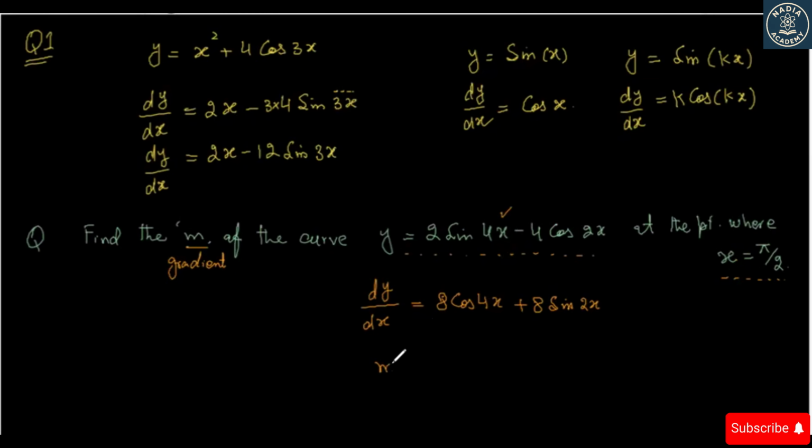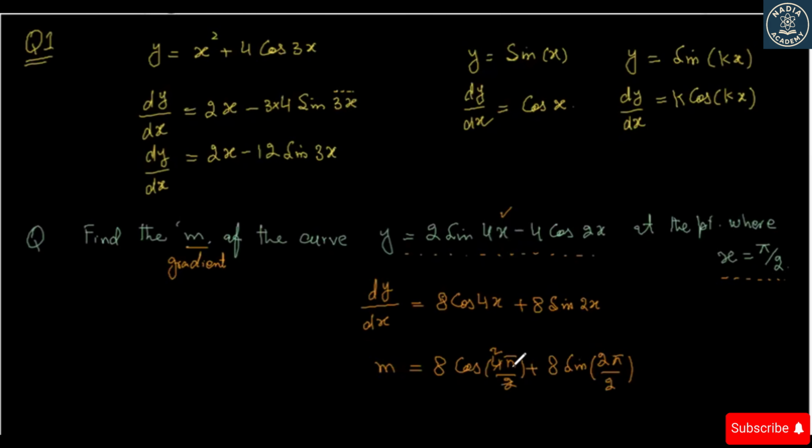So then our gradient m of this function should be 8 times cos of 4 pi divided by 2, plus 8 times sin of 2 pi by 2. So these are the values. Then here this 2 goes with the 2, and we get cos 2 pi.